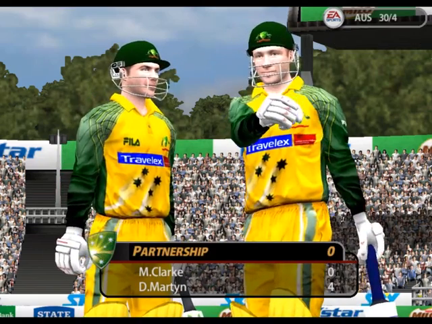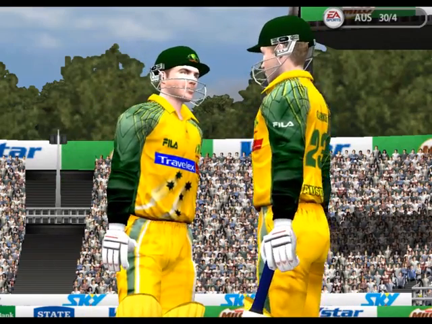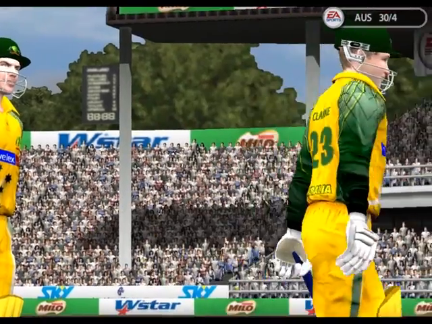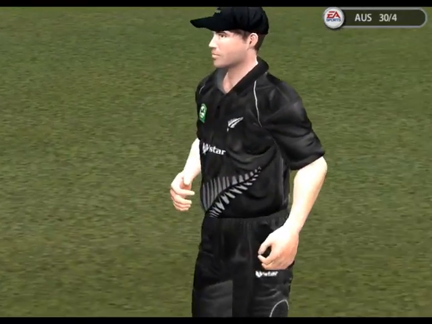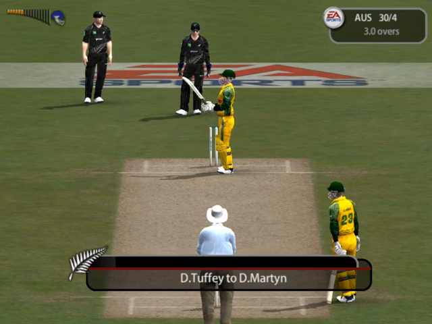Three runs came from that over. Australia are showing off some delightful stroke play today, and the run rate is ticking along well. Tuffy to begin a new over.